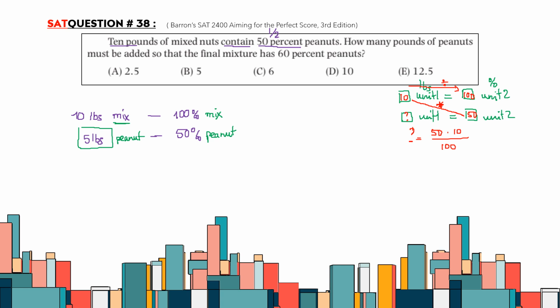We always have 3 given numbers and 1 unknown. The 50% is the same unit on the same column, so unit 1 is here and here, unit 2 here and here. This one will be how much, that is the unknown, and the unit is pounds.